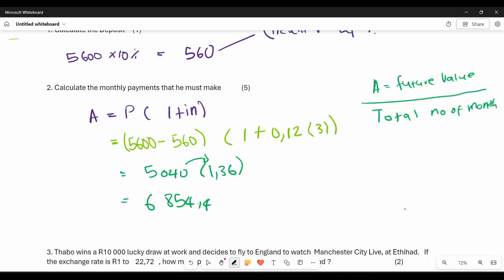Our future value in this case is 6,854.4. For the total number of months, we were given the years as 3, so I'm going to multiply it by 12. Punching this into my calculator, I get the monthly payments this person needs to make each and every month: 190 rand 4. This is the amount they would need to pay each and every month.